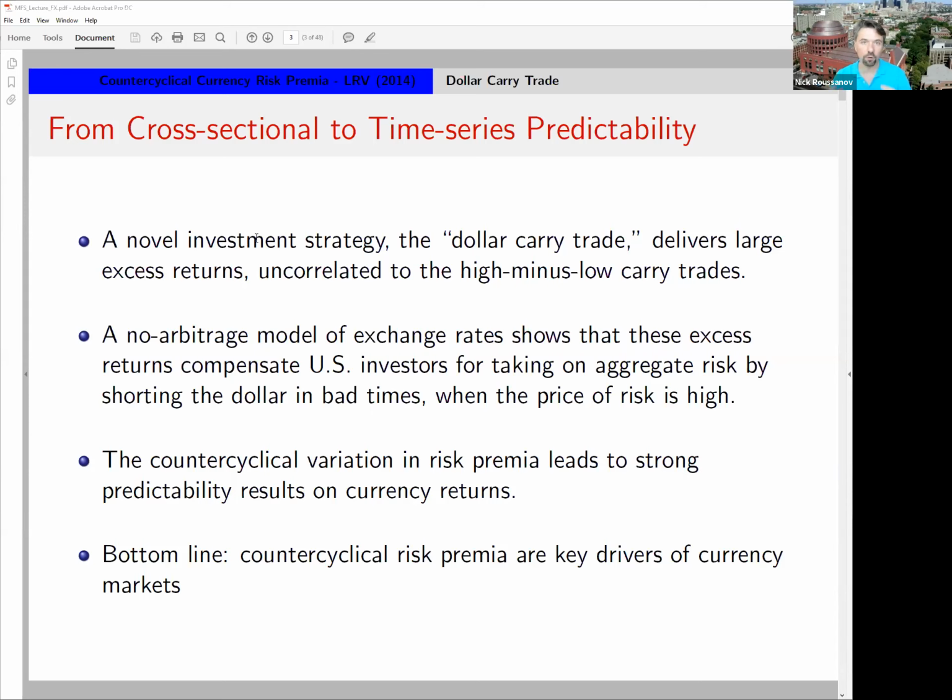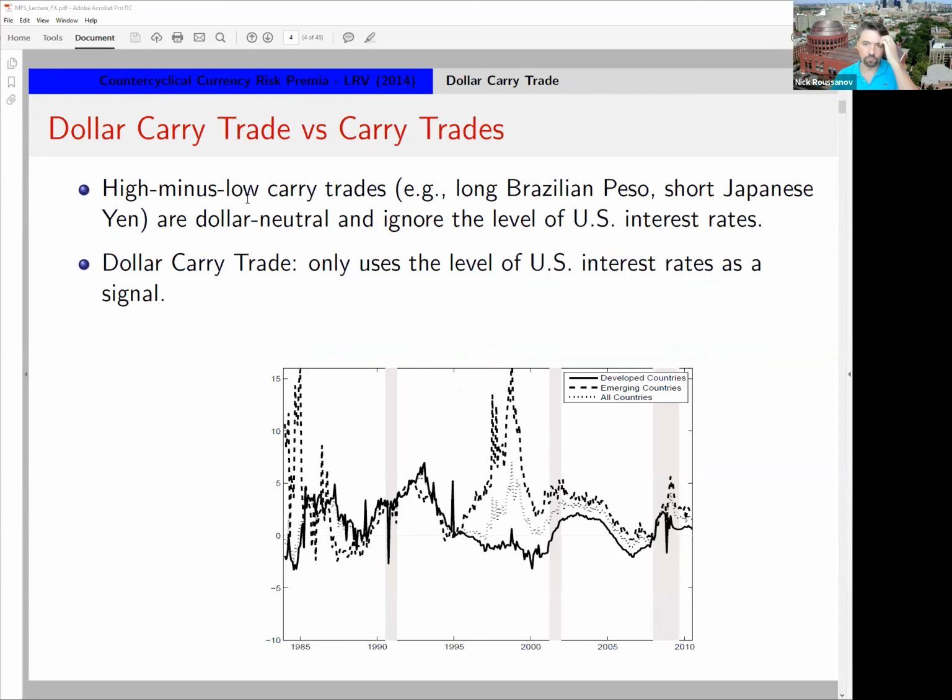And I will use a no arbitrage framework that we had developed in those papers to try to make some sense of this evidence. So what is the dollar carry trade?